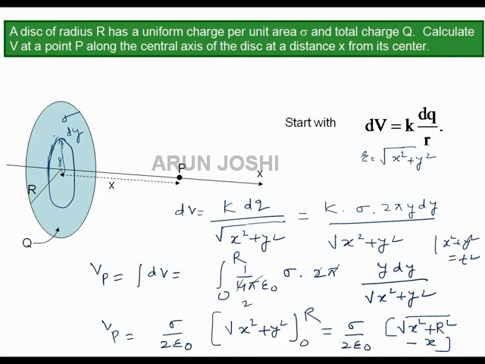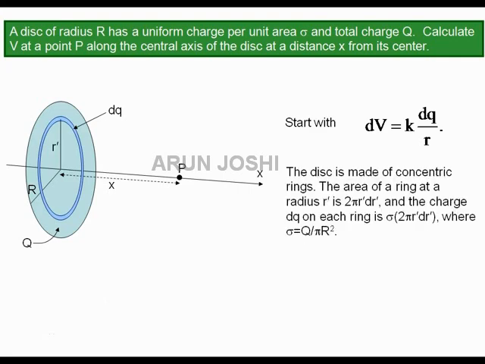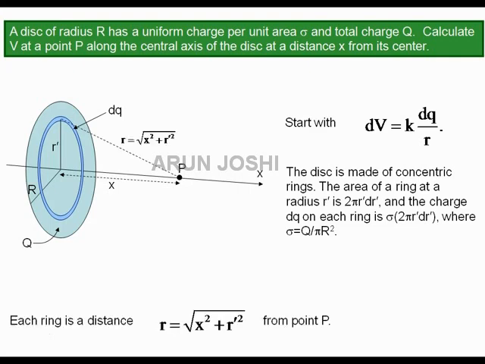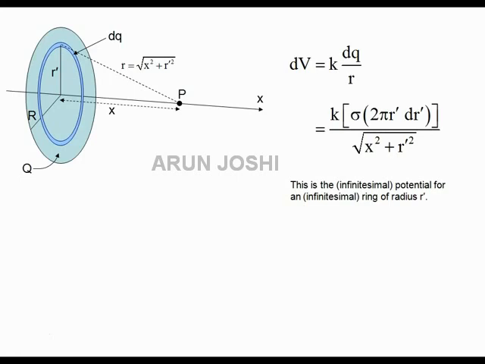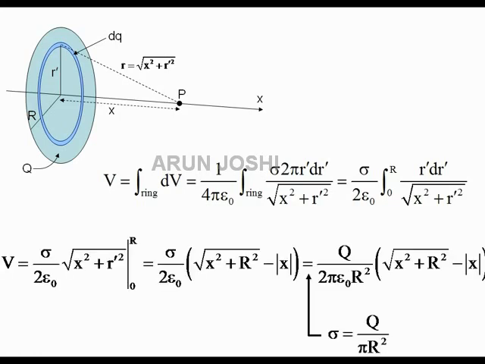Please see the steps. This is the elemental ring. Sigma is the surface charge density, charge per unit area. You will integrate the standard integration, root x square plus r dash square, put the value and get the result.